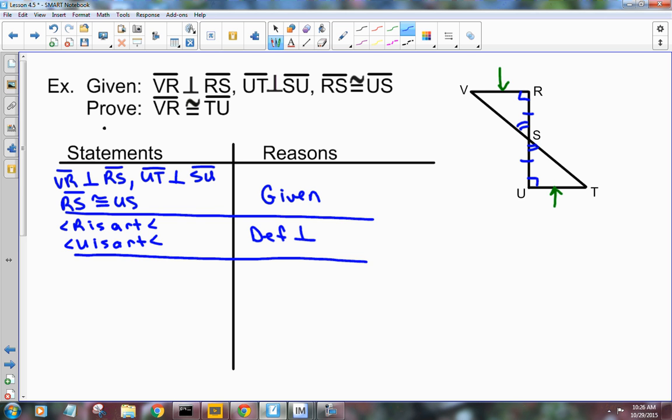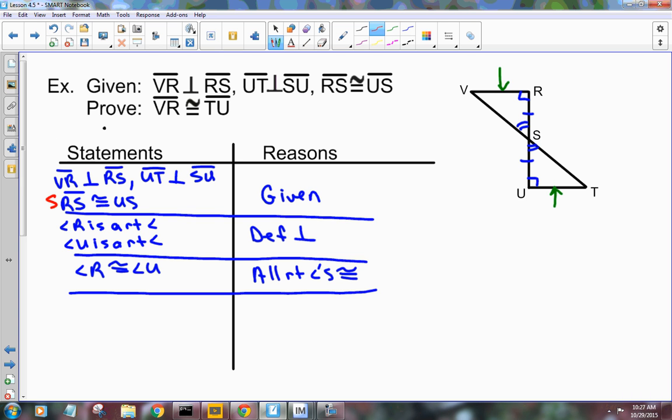And then because those are right angles, we said we could say that they were congruent. And what was the reason for that? All right angles are congruent. Good. Okay, so we've stated a side here. We've stated an angle, and then we notice we have the vertical angles, right?